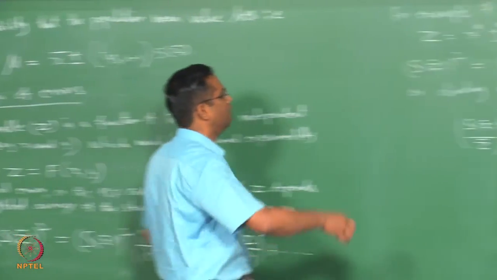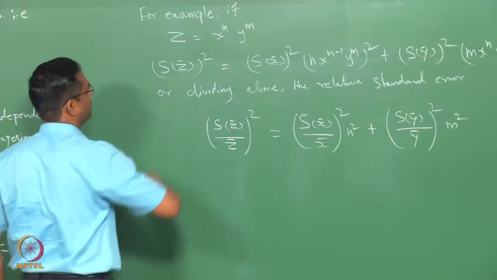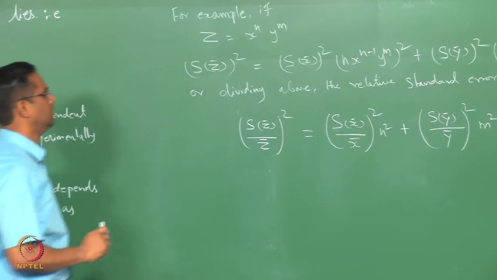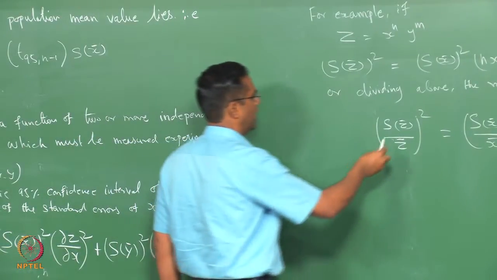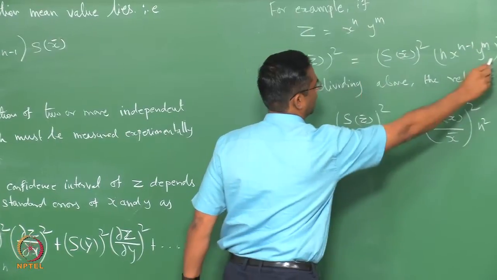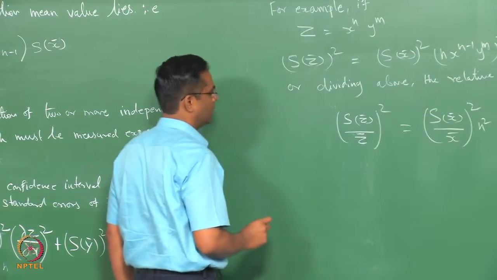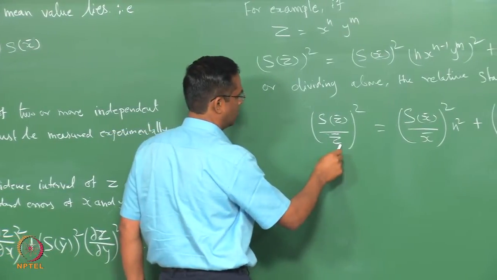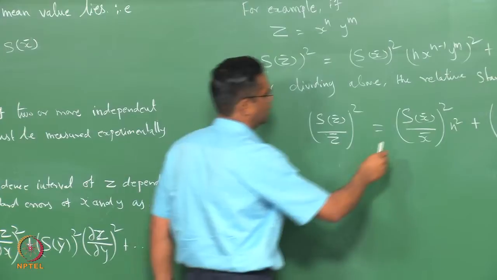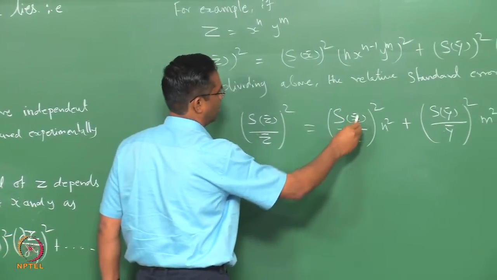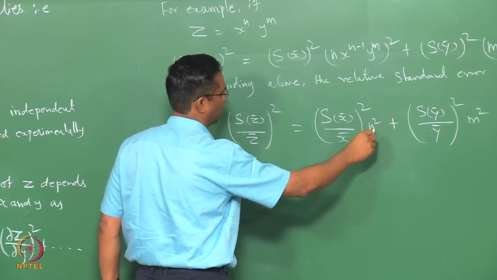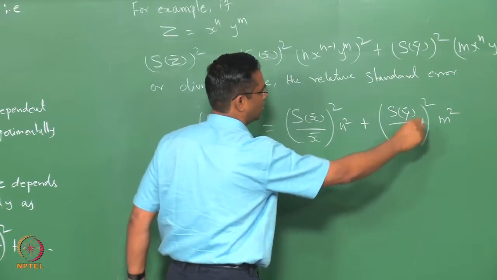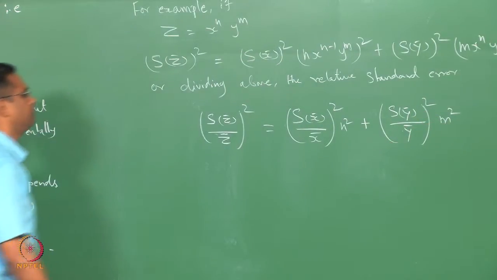For example, you can have variables of this form, then the standard error is written in this fashion, or you can also write this equation divided by z bar whole square, the relative standard error, then you have s z bar by z bar whole square in terms of s x bar by x bar whole square times n square plus s y bar by y bar whole square times m square.